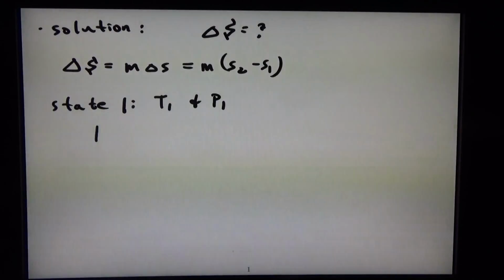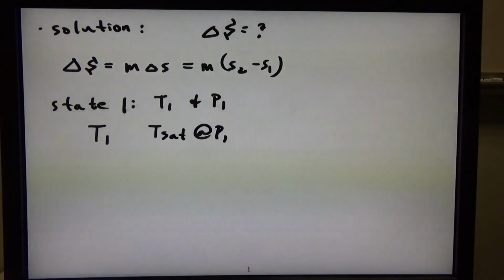So we compare our temperature, T1, to the saturation temperature at pressure P1. Now this is for a refrigerant 134A. So I'm going to turn on the lights here and grab the book for the properties table. So I'm going to the properties tables for our 134A.